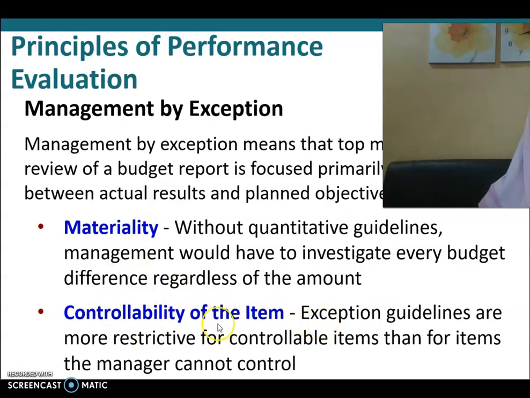You also look at the controllability of the item. Exception guidelines are more restrictive for controllable items than for items the manager cannot control. So when you focus your attention, make sure that the item is within the control of that manager. That is basically the principles of performance evaluation.